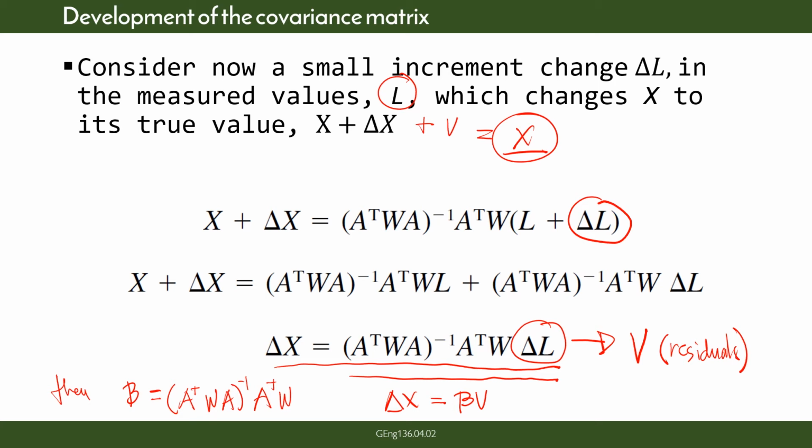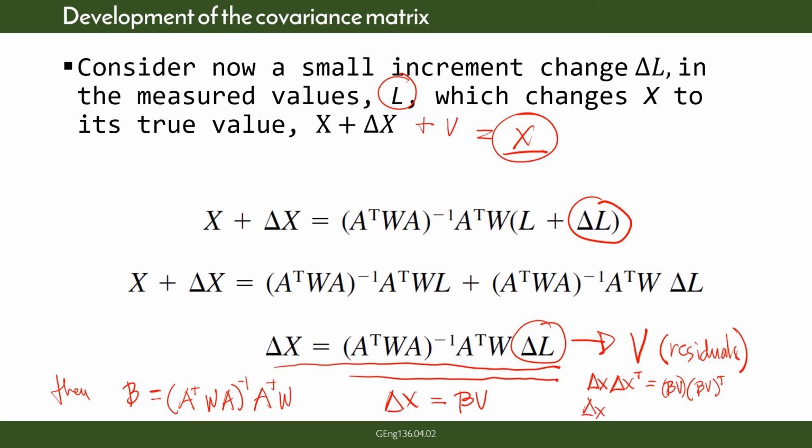Then, multiplying transposes, we have delta X times delta X transpose is equal to BV times BV transpose. Then we have this matrix property.